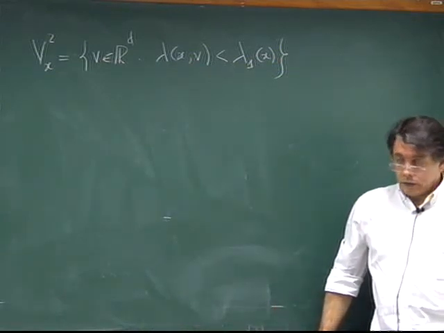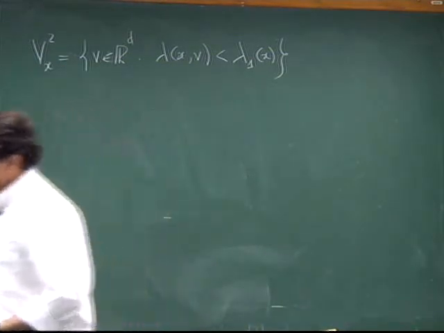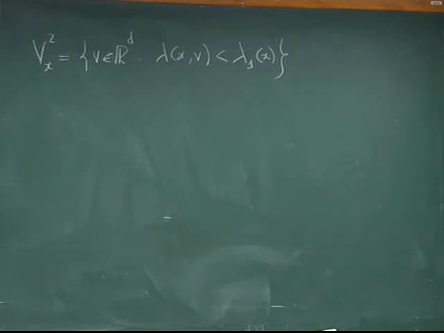I'm going to claim that this varies as a measurable function. I'm going to use this criterion to prove that V2 is measurable. So how do I do that?